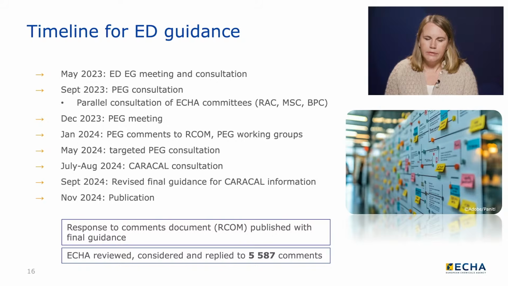In this slide, you can see the timelines for the development of the guidance on endocrine disruptors. As you can see, this has been an extensive work including several rounds of meetings and consultations, and in total approximately 5,600 comments have been addressed during the process.